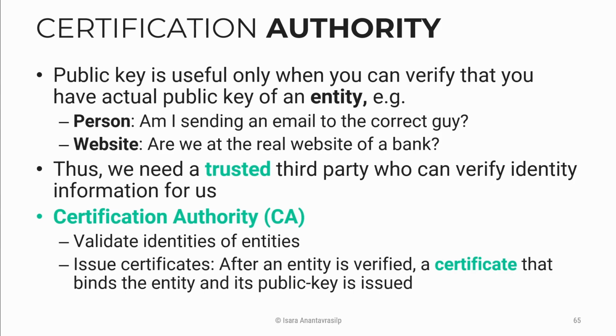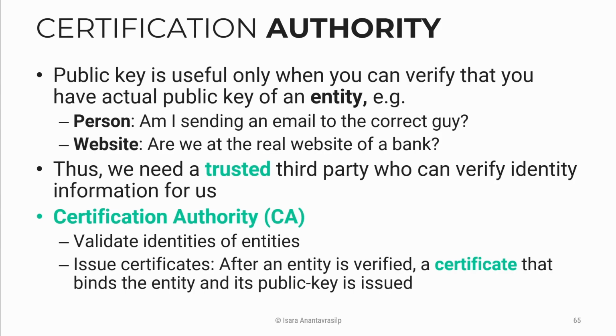All right, we need a trusted third party who can verify the identity of the entities that generate this key pair. And that trusted third party, okay, is called a certification authority, or CA. What a CA does is it validates the identities of the entities, and it also issues what we call a certificate.